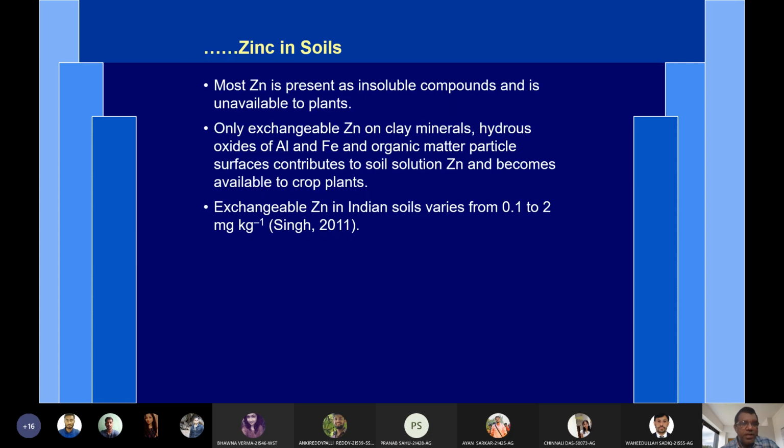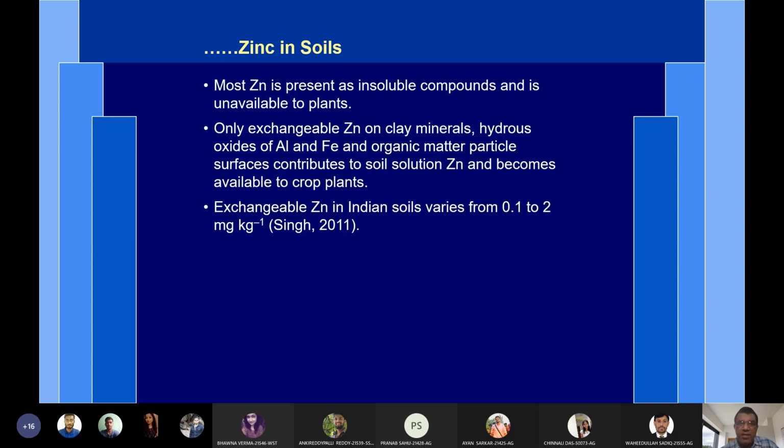Most zinc is present as insoluble compounds and is unavailable to plants. That is the problem with zinc. Only exchangeable zinc on clay minerals, hydrous oxides of aluminum and iron, and organic matter particles, meaning part of the zinc is attached to the colloids in the soil, contributes to the soil solution zinc.